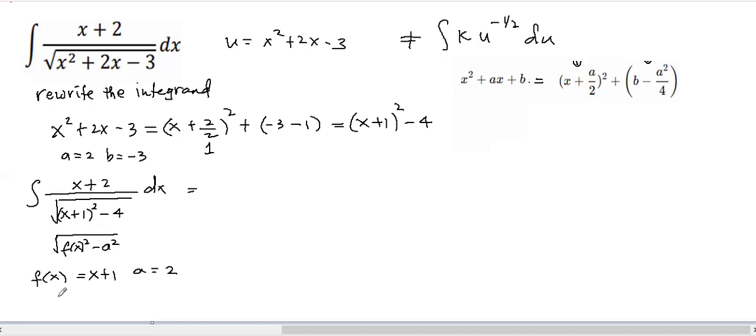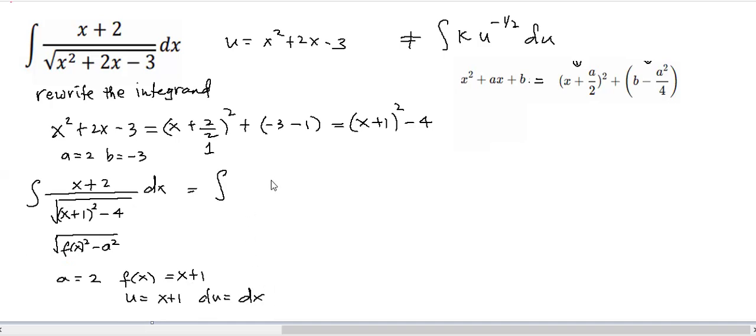So, that would be 2. So, here we let u, pagpalitin natin para tuloy-tuloy. So dito, we let u be f of x, so x plus 1. Ang du natin, it would be dx.